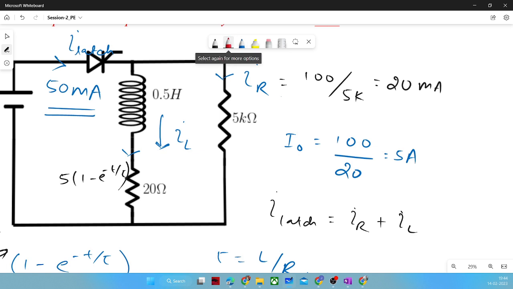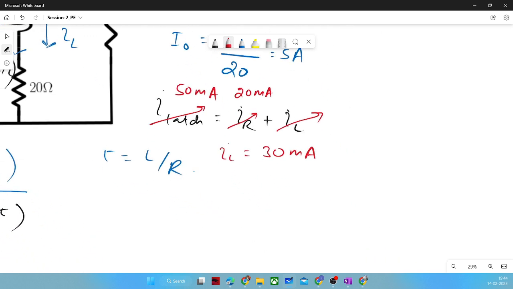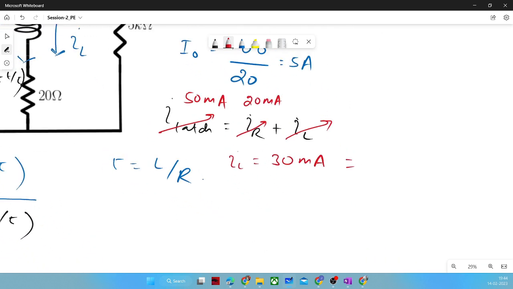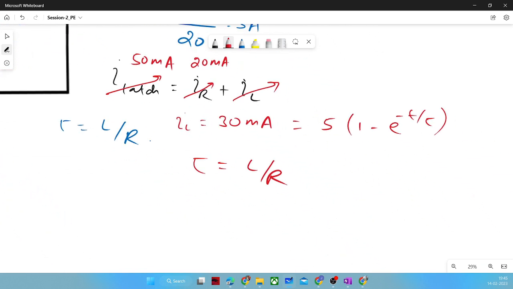I latch is 50 milliampere. IR is 20 milliampere. IL we have to find. So IL will be 50 minus 20, so 30 milliampere. And now we have an expression of IL, that is 5 into 1 minus e raised to power minus t by tau, and tau is nothing but L by R, and L is 0.5 Henry and R is 20 ohm.